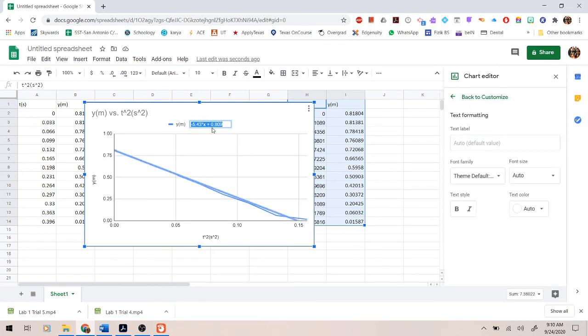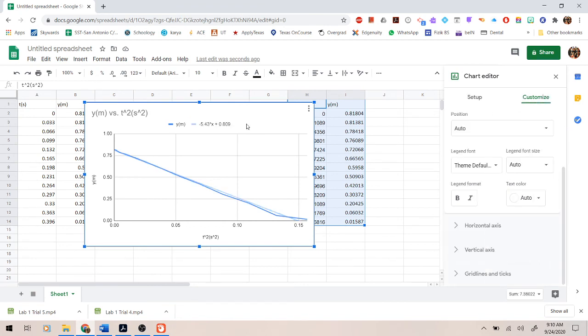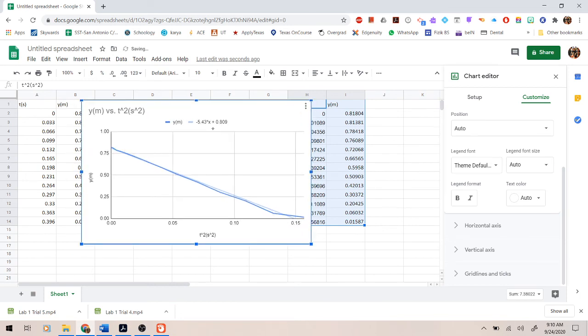You see, your equation is negative 5.48x plus 0.809. So what does that mean? Remember, the number in front of the x is your slope, and the addition at the end is your b. So b is your, I'm not sure if I can type on this.